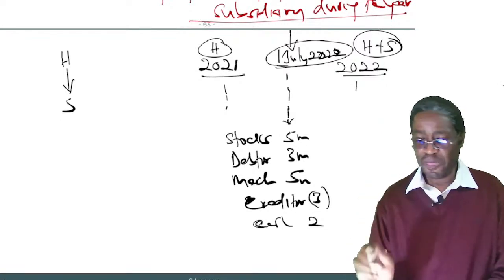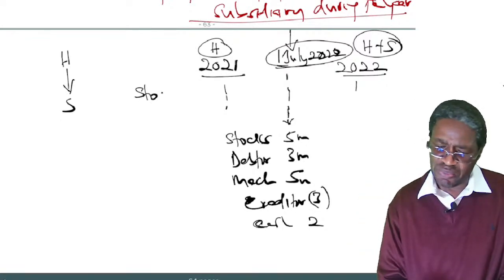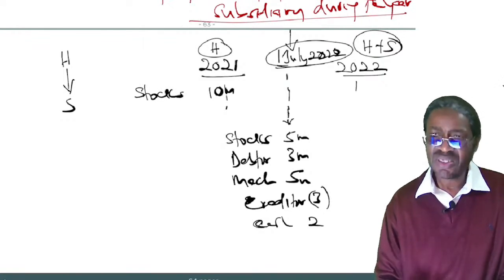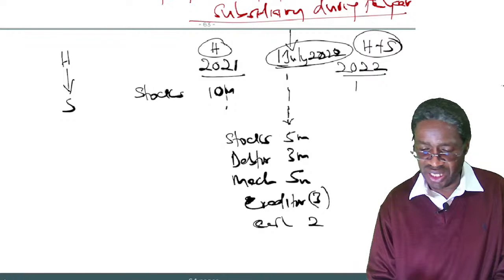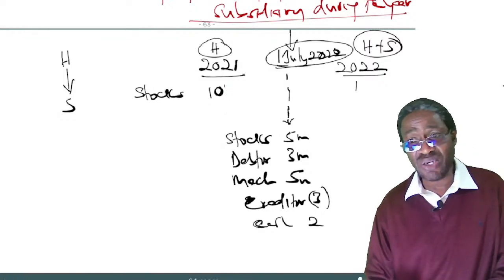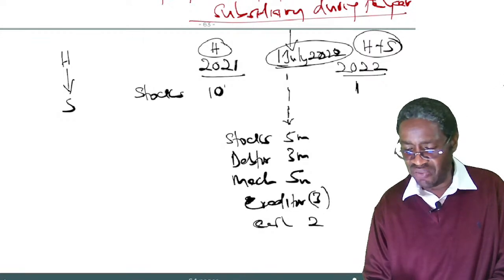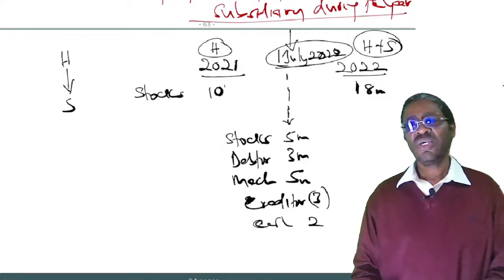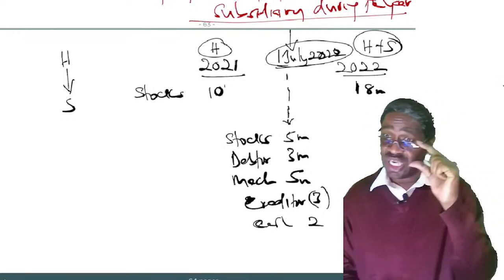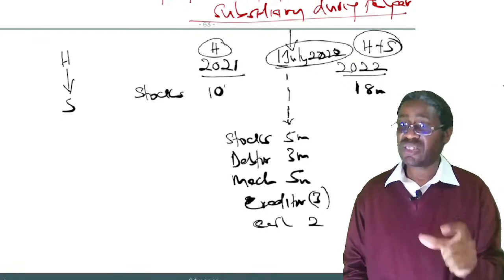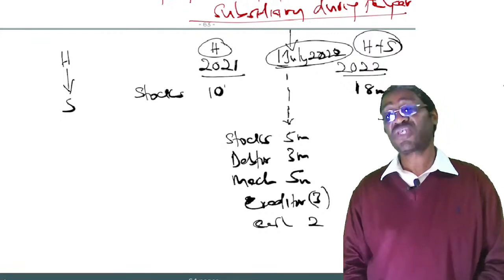For example, if the stocks as per the balance sheet last year were 10 million, and the stocks by end of this year are given to you as maybe 18 million, would you conclude in your cash flow statement that the stocks were increasing by 8 million?